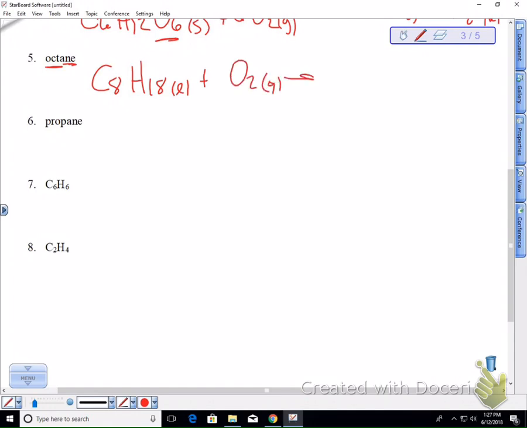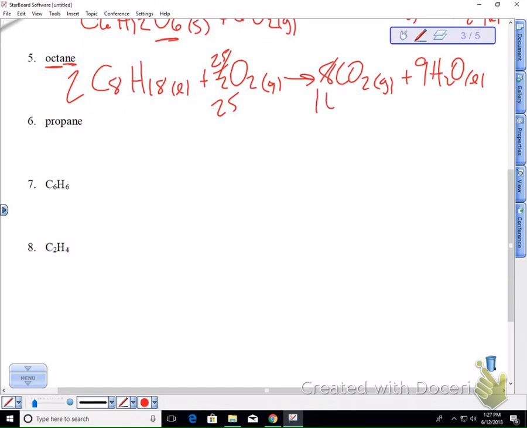And we know it combusts to CO2 and water. 8 carbons, 8 CO2s. 18 hydrogens, 9 waters. 16 plus 9, 25 oxygens, so I need a 25 over 2. Let's multiply everything by 2. Get some pretty big coefficients.